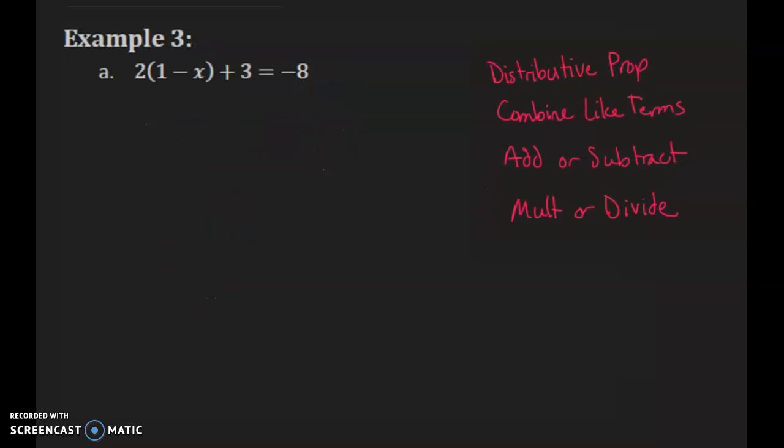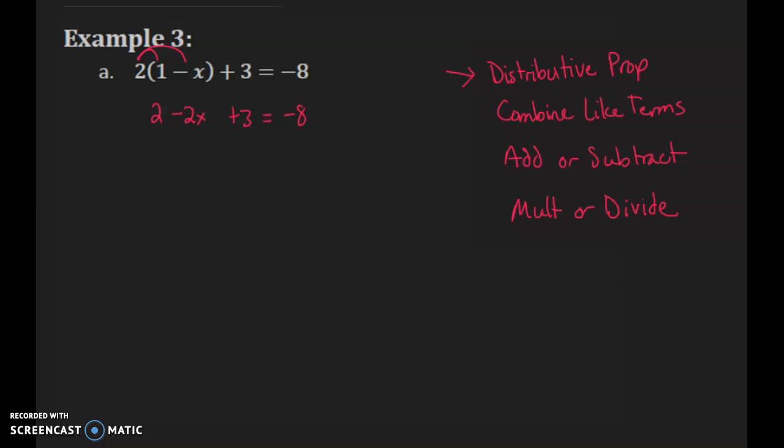Let's look at one more example with multiple steps. In this case, we have parentheses. So now this is where the distributive property comes into play. The distributive property is just multiplying through everything in the parentheses. So we're going to do 2 times 1, which is 2, and 2 times negative x, which is negative 2x. We still have plus 3 and equals negative 8.